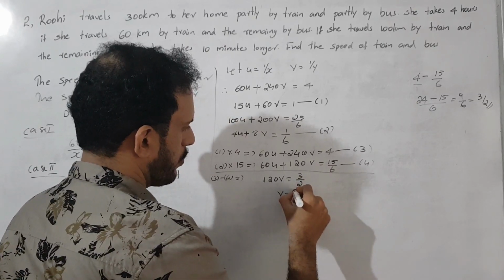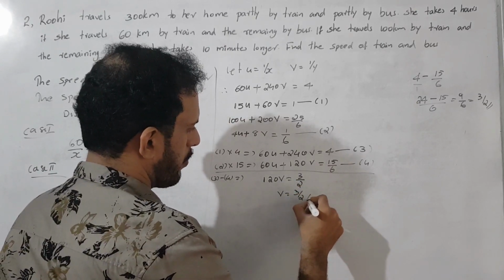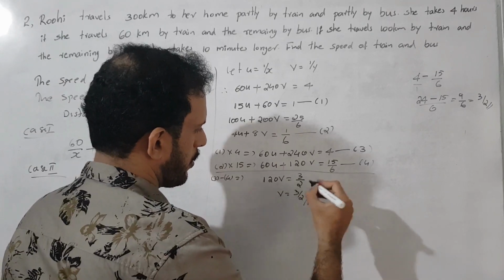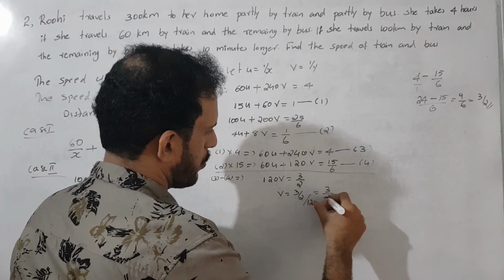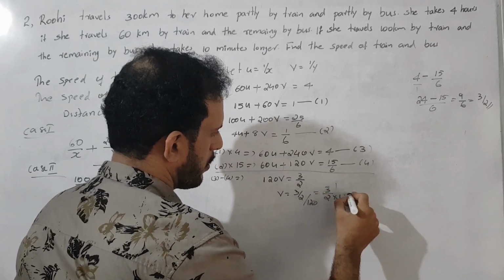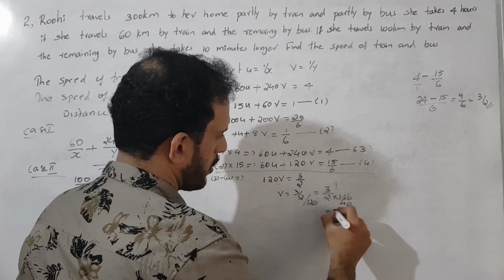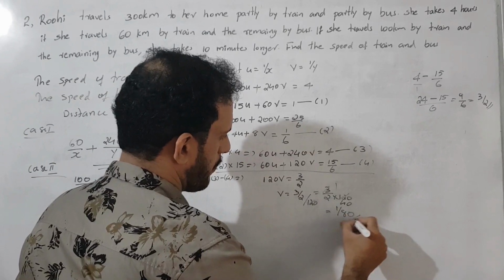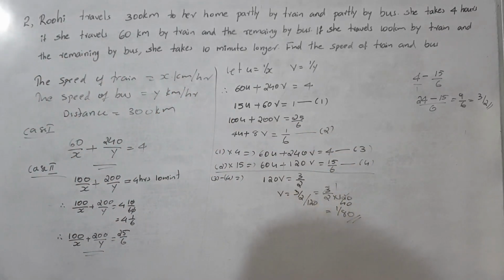Therefore, v is equal to 3 by 2 divided by 120, which is 3 by 2 into 1 by 120. That is 1 by 80. Correct? Then what is the v value? v value is equal to 1 by 80.